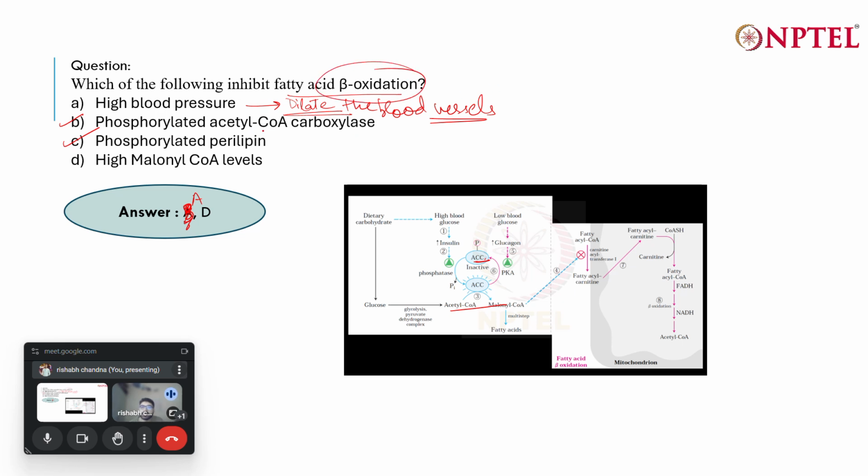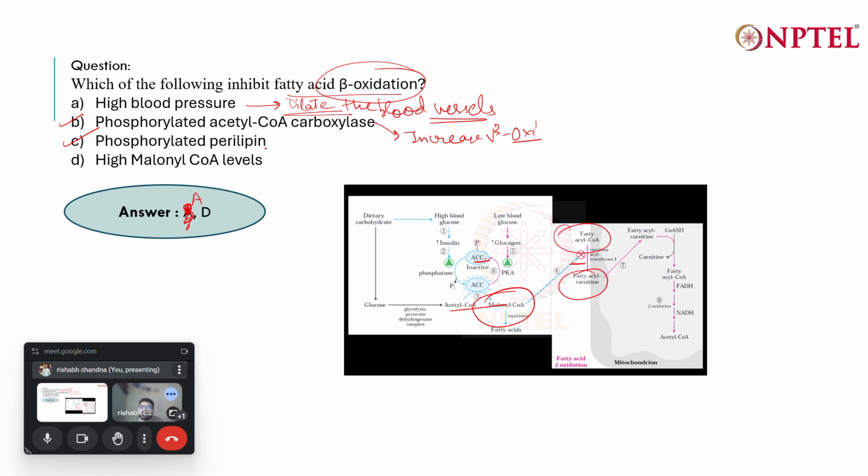Then phosphorylated acetyl coenzyme A carboxylase increases beta oxidation because it leads to a decrease in the level of malonyl coenzyme A, so it leads to an increase in the transport of fatty acids to the mitochondria.